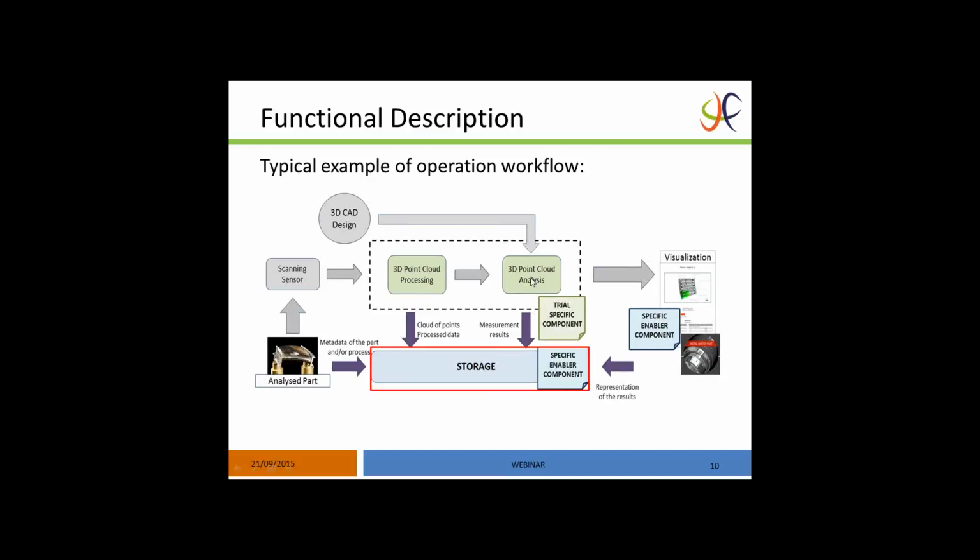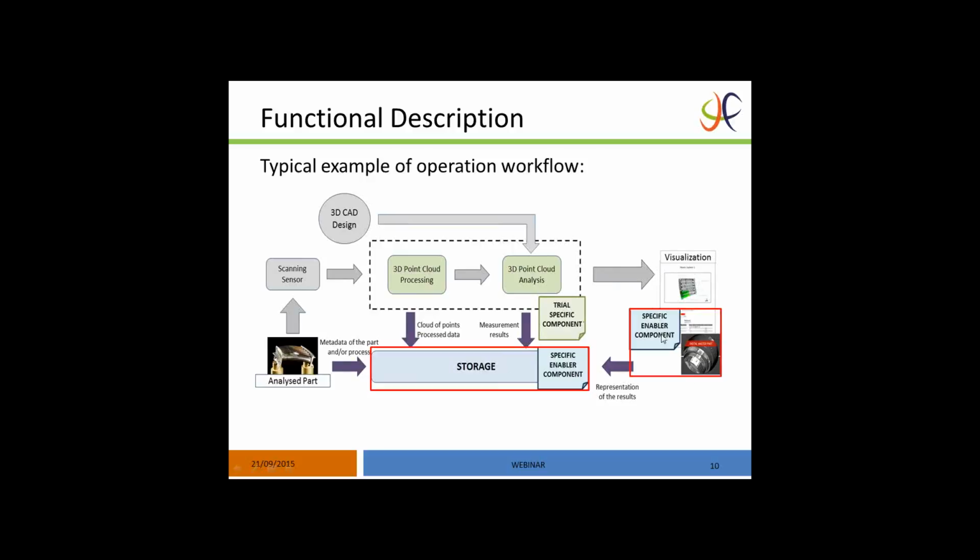So, in the first place, we can store all this information. We could also store before the cloud of points, and then we can store the comparison between the 3D CAD design and the 3D cloud of points. So here we have the first moment in which our 3D Scan specific enabler does some work, and then after storing all this information, we can visualize these comparisons.